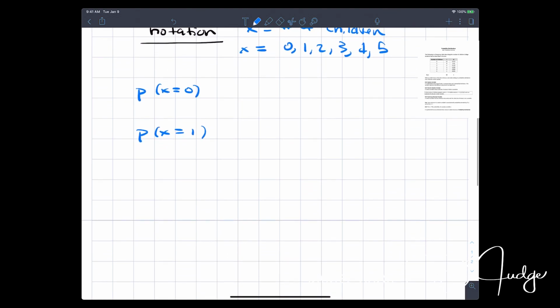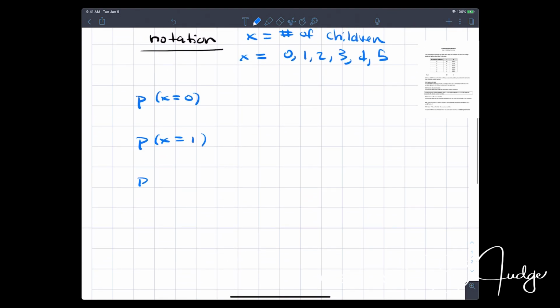This is just reviewing our notation. The probability that x is 2. Probability that x is 3. Probability that x is 4. Probability that x is 5.